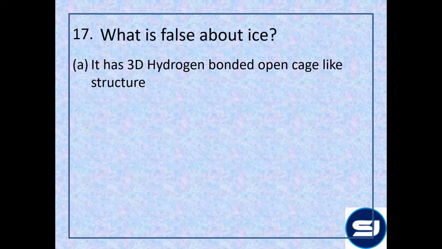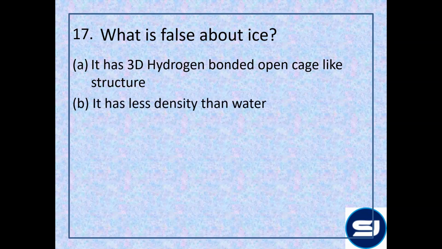True, it is true. Hydrogen bonds are present between water molecules, and ice, which is the solid form of water, has a cage like structure in which many vacant spaces develop. In those vacant spaces the water molecules can be filled, and that is the reason ice has a density lesser than water. It has less density than water.